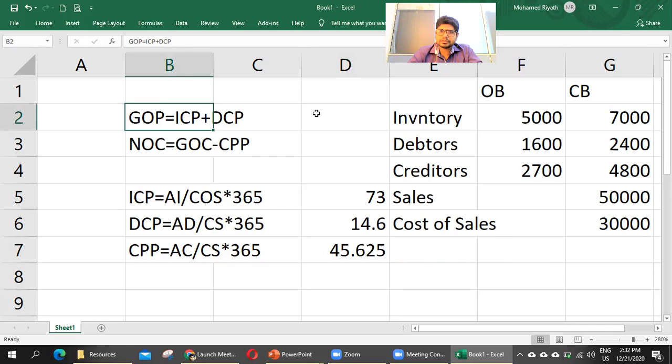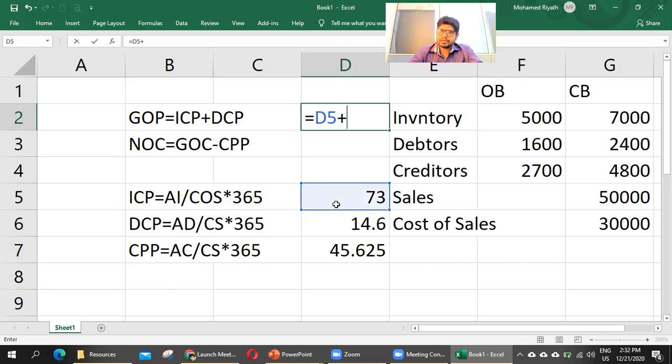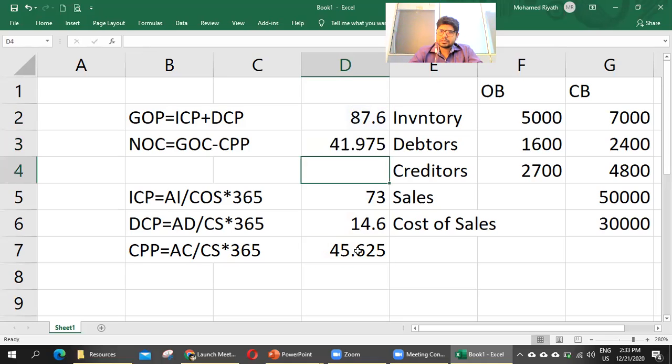Then my question is, what is the gross operating cycle? How many days? Inventory conversion period plus debtors collection period, equals 73 plus 14.6. Then net operating cycle equals gross operating cycle minus creditors payable period, which is 41.97.